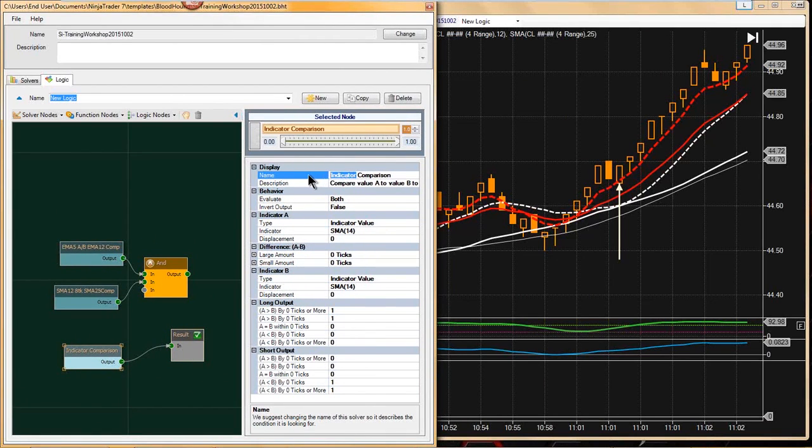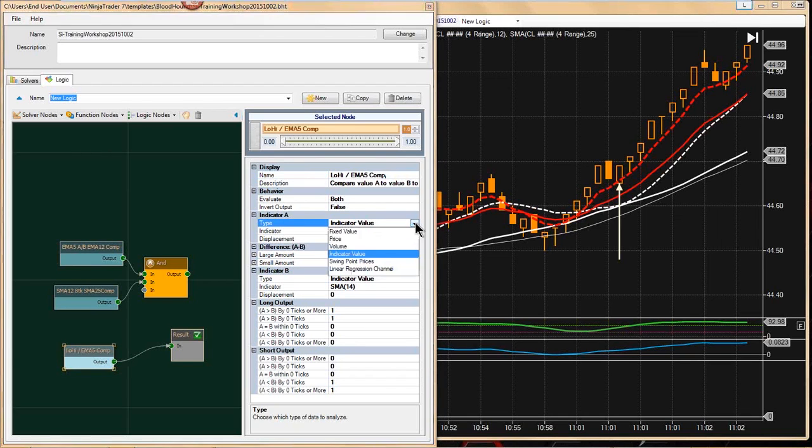Alright, so we're going to be looking to see if the low or the high is touching the EMA 5. So let's take indicator A. We'll set that to price.